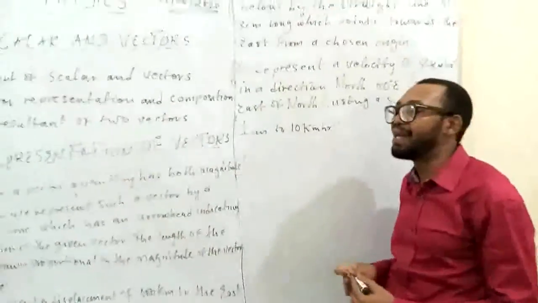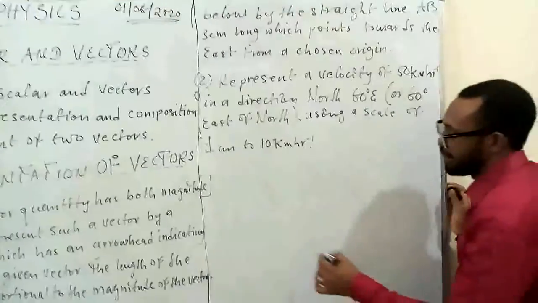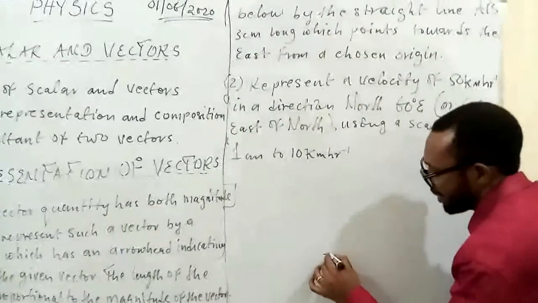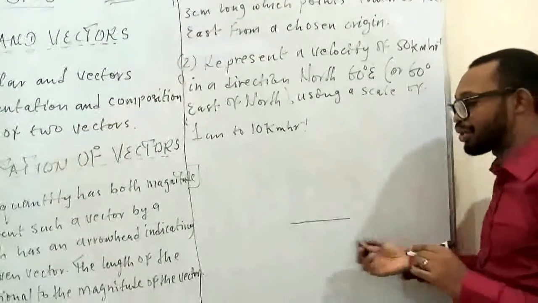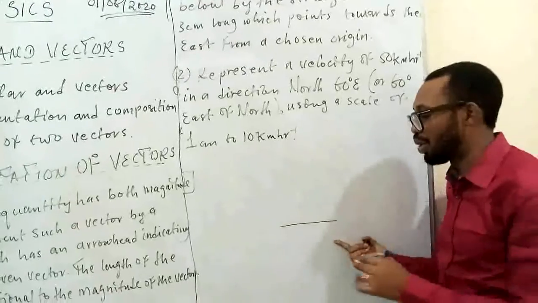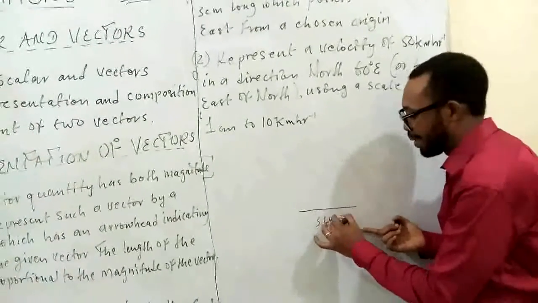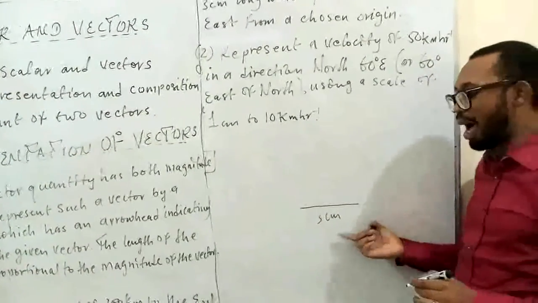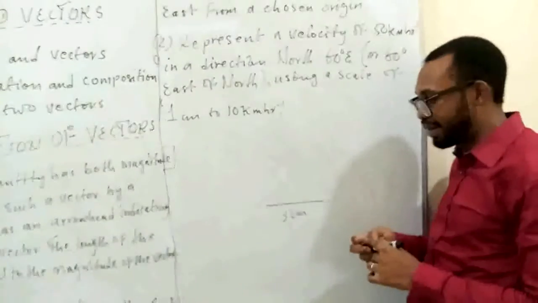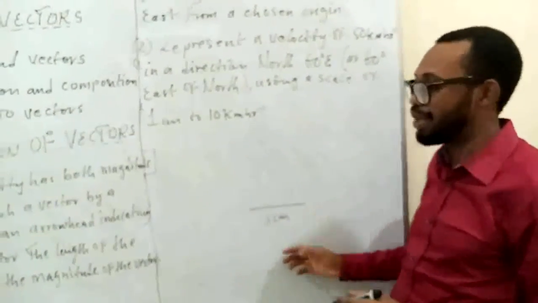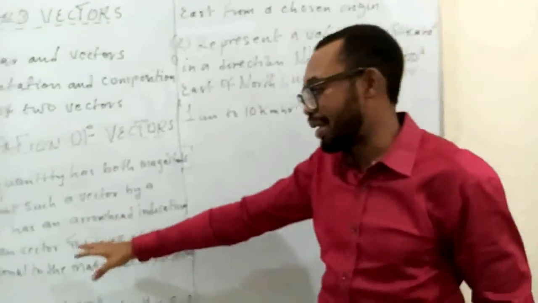In other words, if the length is, let's say, 3 meters due east, you don't measure either below 3 centimeters or above 3 centimeters.